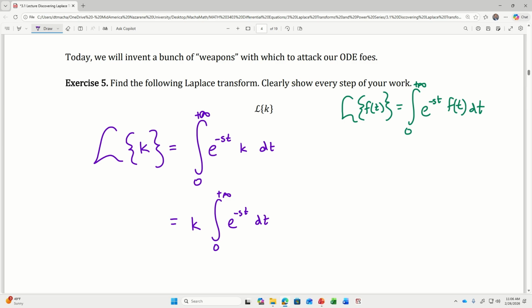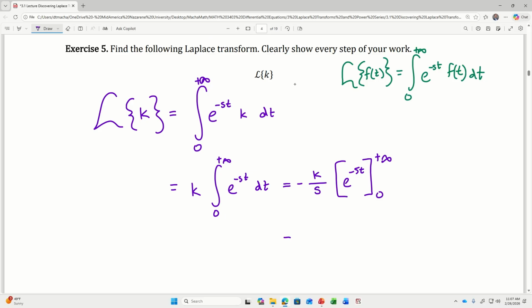And what's the antiderivative of e to the negative st? The antiderivative with respect to t, so we're going to divide by negative s, and then we keep e to the negative st, and then we evaluate this at our upper bound and our lower bound. Remember when we do improper integrals that evaluating at t equals infinity means taking the limit of this expression as t approaches infinity.